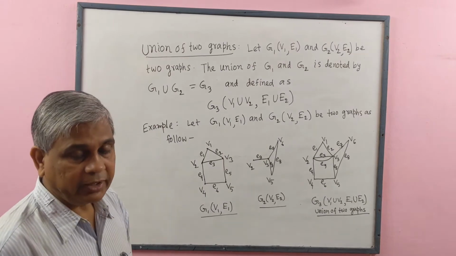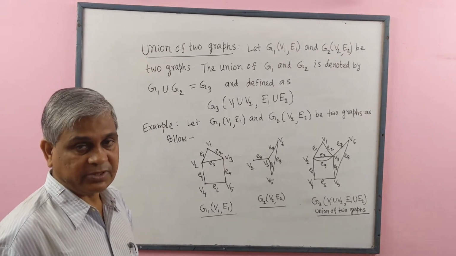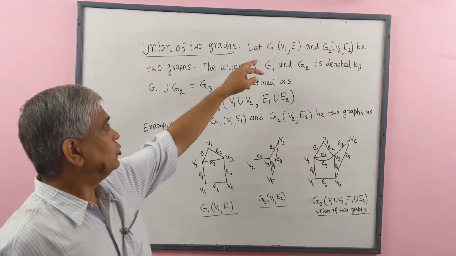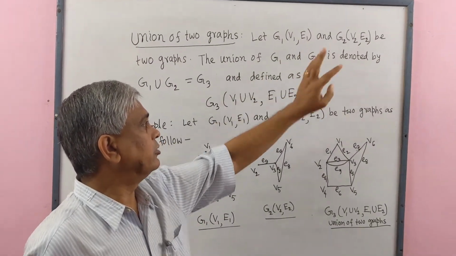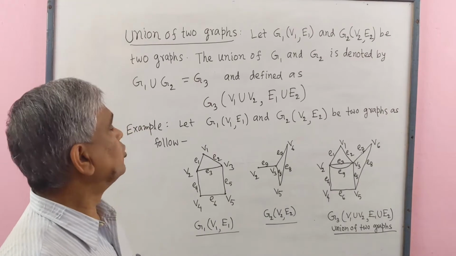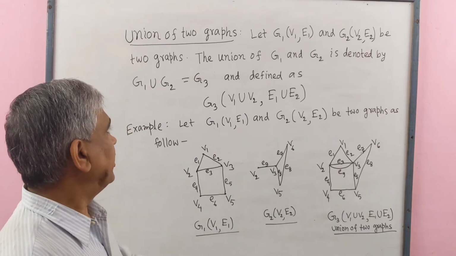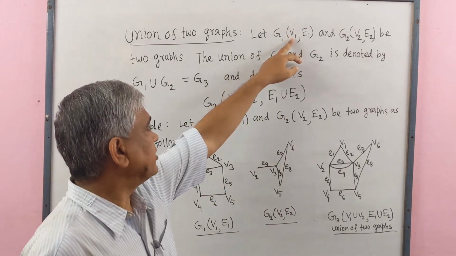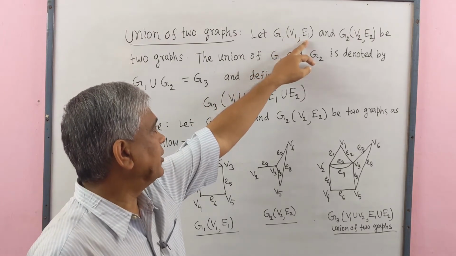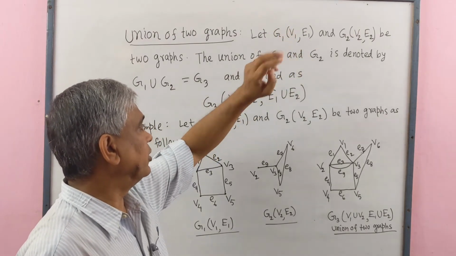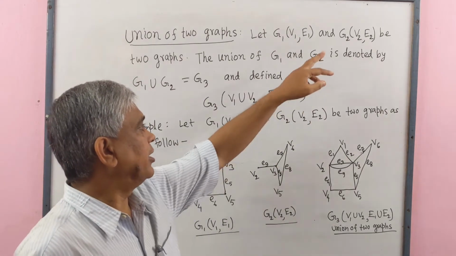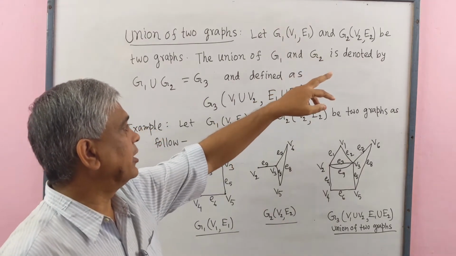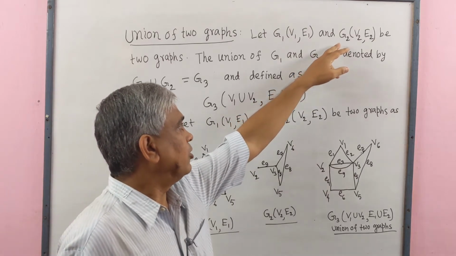Now we define union of two graphs. Let G1 (V1, E1) and G2 (V2, E2) be two graphs. Here V1 is the vertex set and E1 is the edge set of G1. Similarly, V2 is the vertex set and E2 is the edge set of G2.